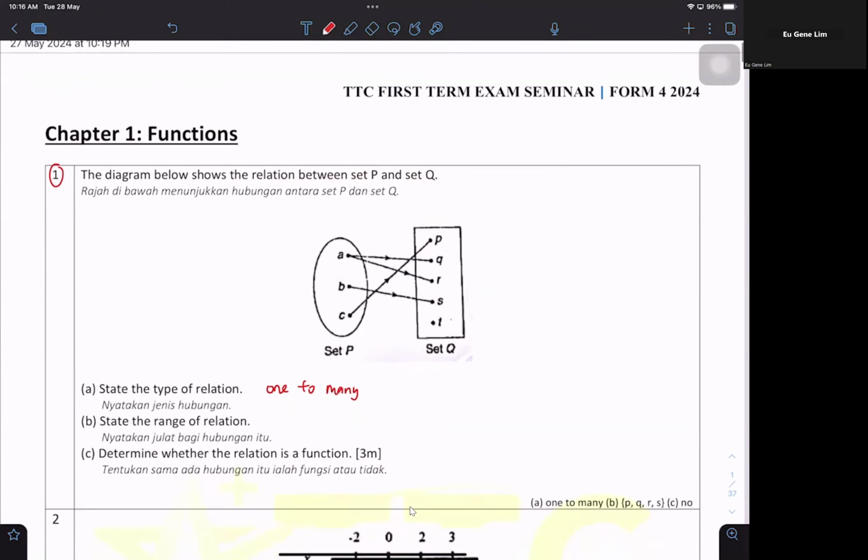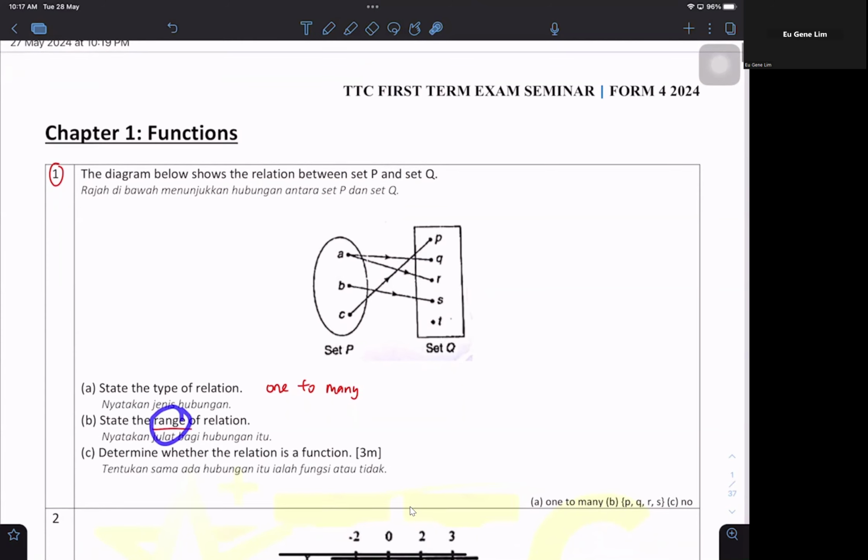Continue. State the range of the relation. So what is range? Remember, range is the image. So what is the image here? PQRS.